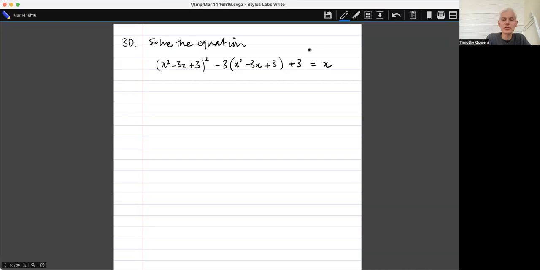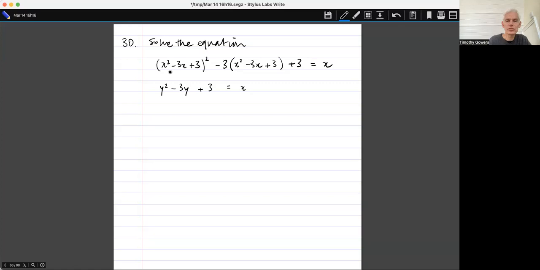Actually, one thing I could do is to see whether I can spot a solution. What happens if I take x to be 0? Then I'll have 9 minus 9 plus 3, which does not make 0, so 0 is not a solution. Well, actually, this is just a y equal this thing, and I've got y squared minus 3y plus 3 needs to equal x.